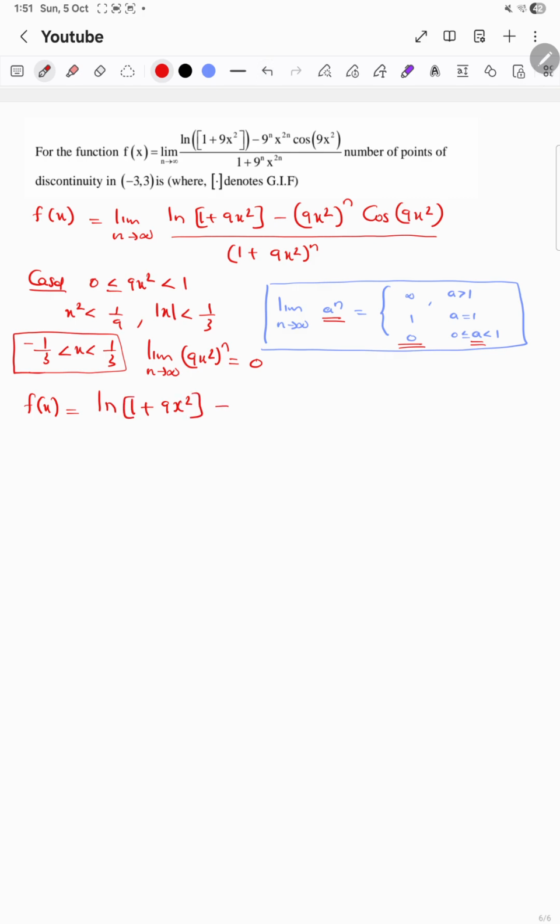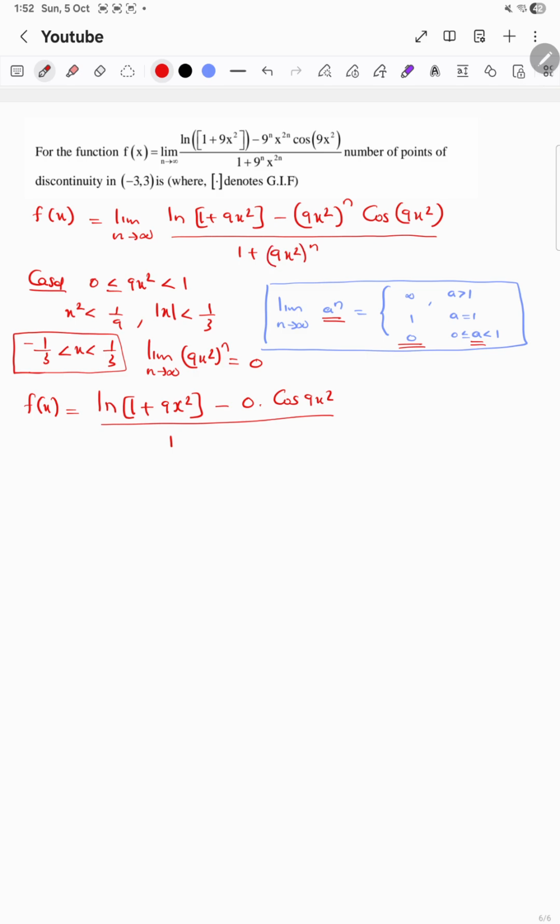Minus 9x square raised to n will be 0. This is no change here. Actually no need to write that part, but still I am writing. This will be 1 plus 9x square. Oh, I made a small mistake here.